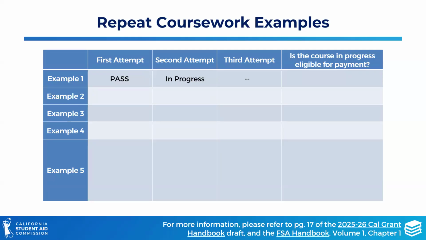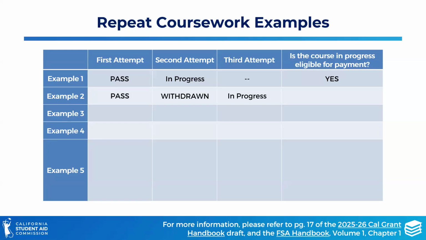In this scenario, yes, the student would be eligible for the course because they're repeating it one additional time. Even though they've passed it already, they are good. Any further attempts after this possibly could not be eligible, depending on if they fail or pass. But in this case, they are good to go.